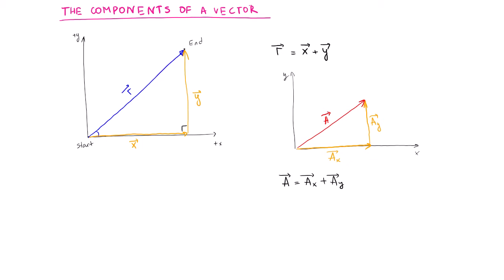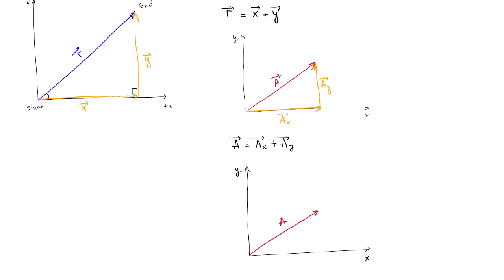There is an alternative method where you can simply start from the head of vector a, and the projection of vector a on the x-axis will give you the ax vector, and the projection of vector a on the y-axis is the y component of vector a, which are still perpendicular to each other.